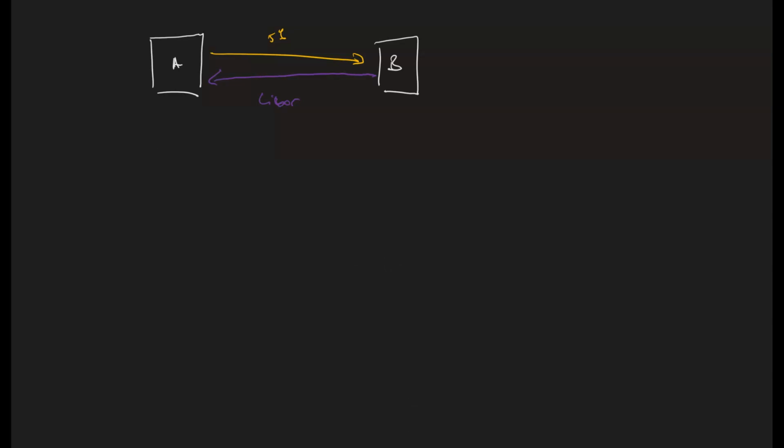In our currency swap, or fixed for fixed currency swap, we have the same scenario, but in this case, we're going to pay a fixed rate, so let's say 5%, on a notional amount that is in one currency. The notional amount may be in US dollar, and it may be 100 million.